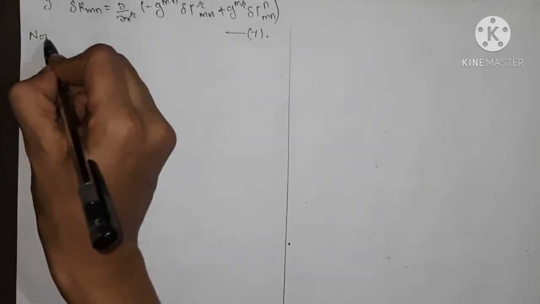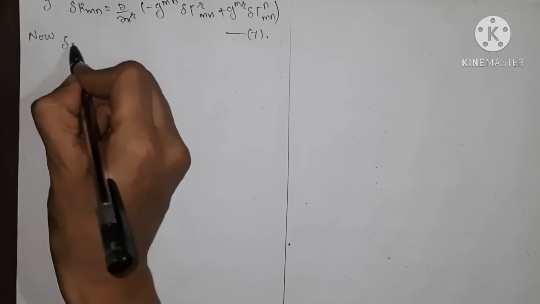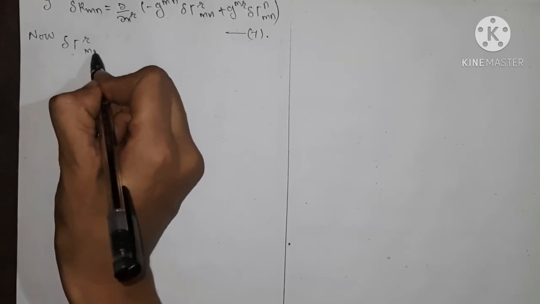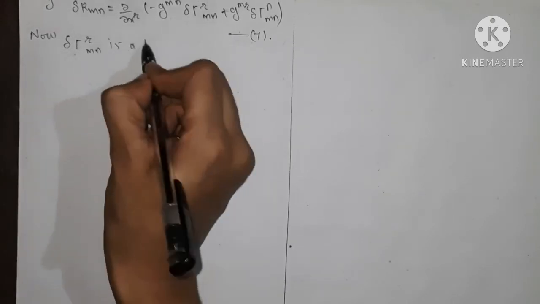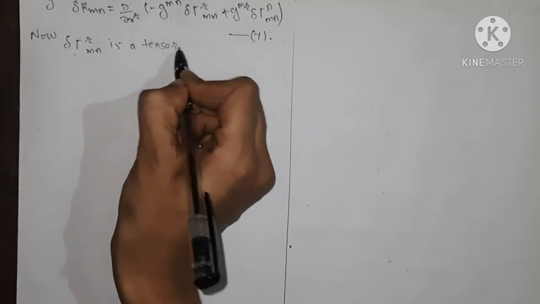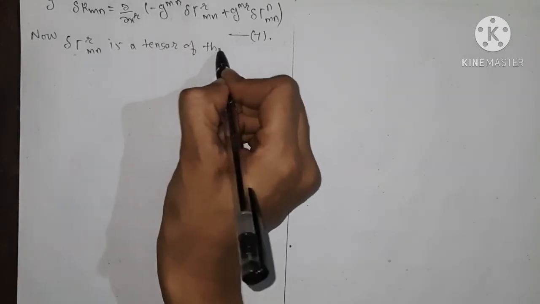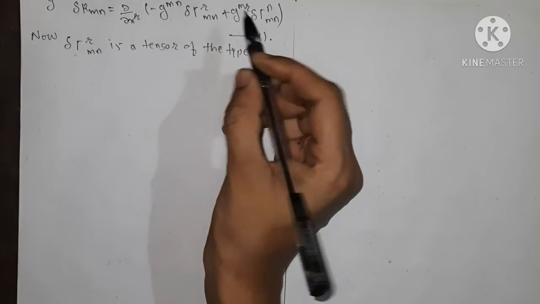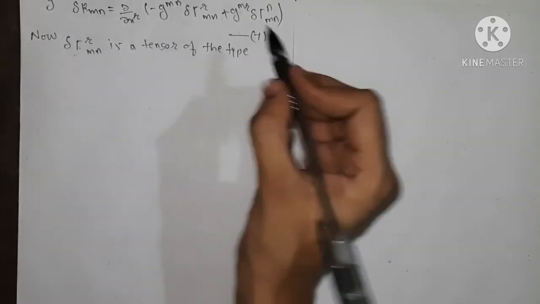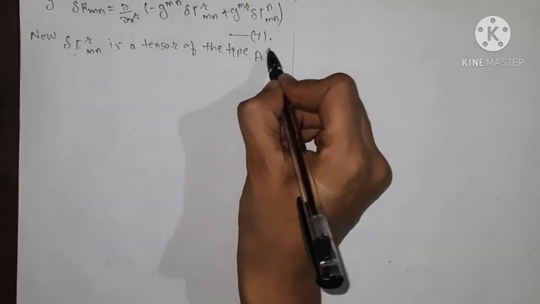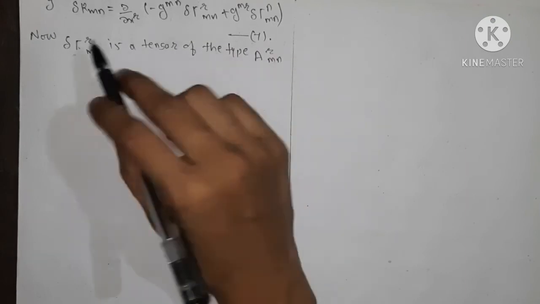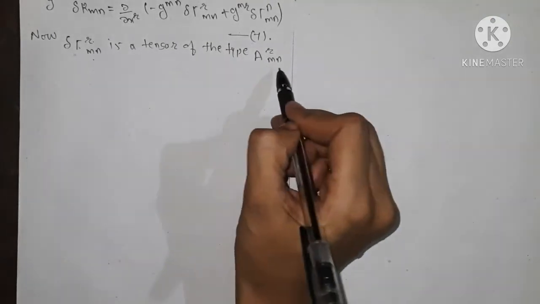Now δΓ^r_{mn} is a tensor of the type, we can take this tensor in the form of capital A^r_{mn}, with upper suffix r and lower suffix mn.